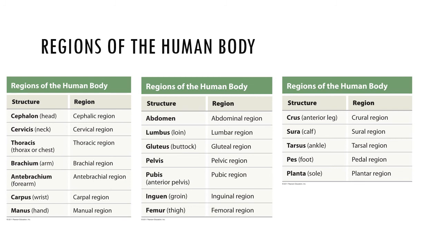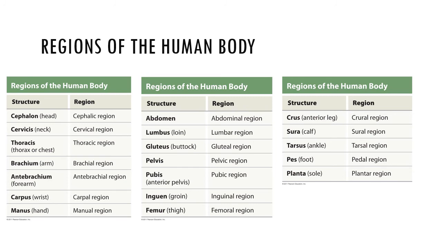Now, the arm anatomically is from your shoulder down to your elbow. That is your brachial region. From your elbow down to your wrist, that is your antebrachium. Again, from your shoulder to your elbow is your brachial region, and from your elbow down to your wrist is your antebrachial region. So your arm is from your shoulder to your elbow, and your forearm is from your elbow down to your wrist.